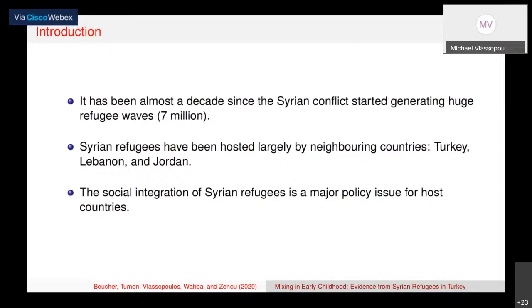What's characteristic of this wave of Syrian refugees is that they have been, for the most part, hosted.